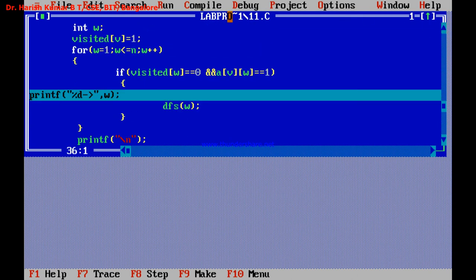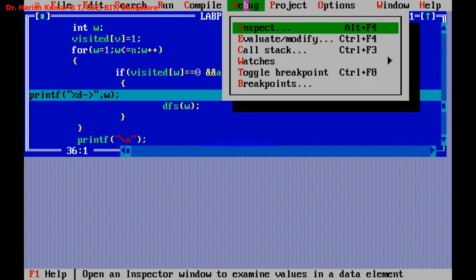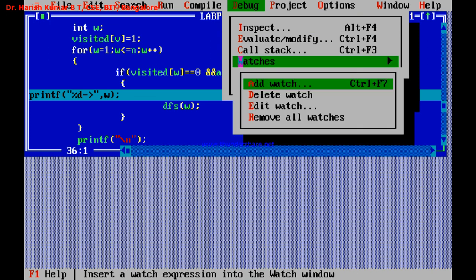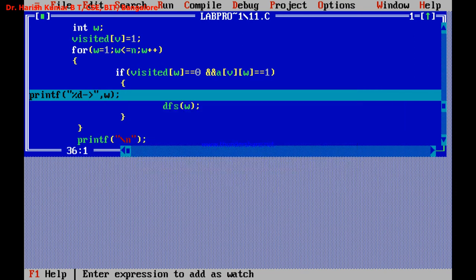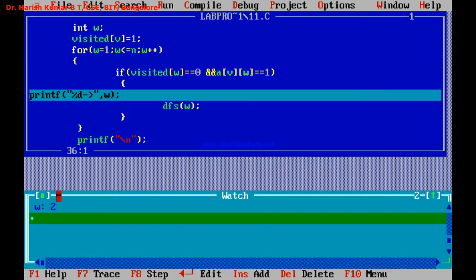I'll just show you. I'll add W. See, the W value is 2 right now. That means we're in the second iteration. Do people understand? Yes, sir.